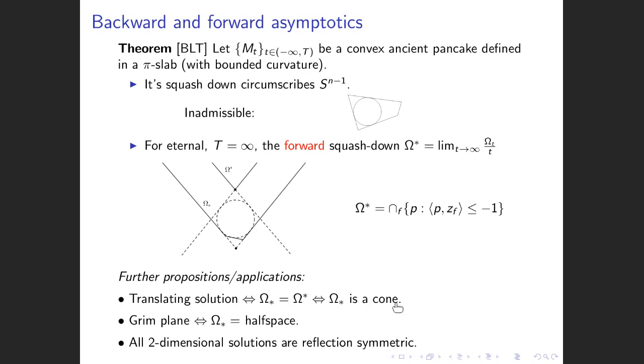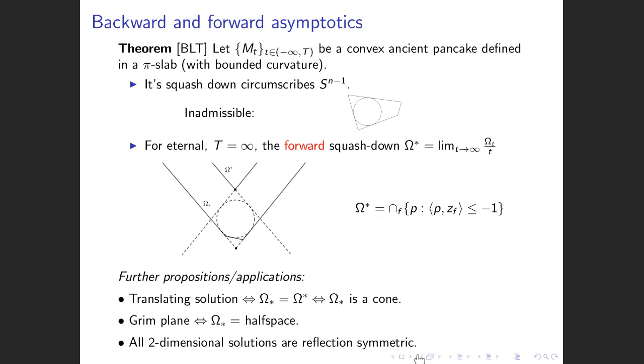We use this property to say that the ones we constructed from a truncated cone are not translating solutions. Moreover, we can say that the solution is a grim plane if and only if the backward squash down is a half space, and we can show that all two-dimensional solutions are reflection symmetric.